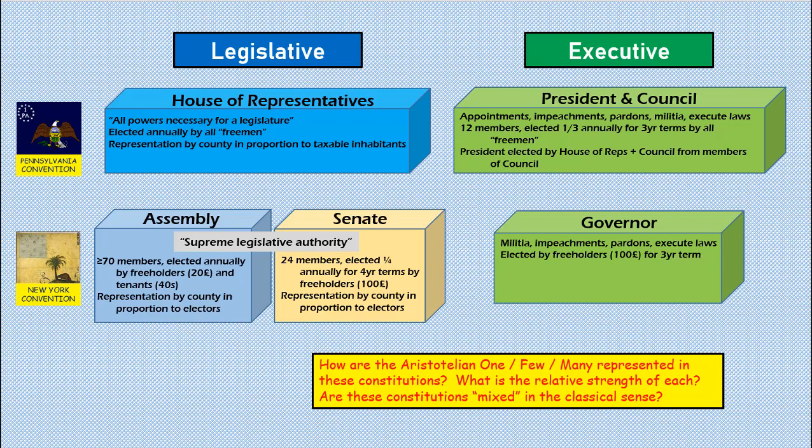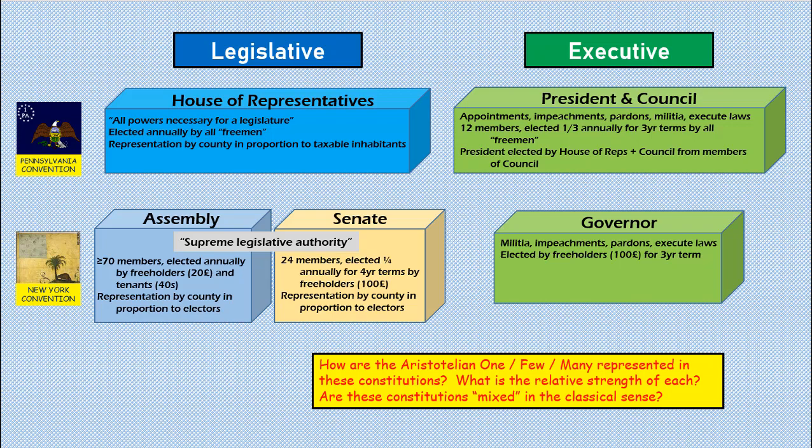And that is a modal difference between these two constitutions. No other state is able to go as far as Pennsylvania in entirely eliminating the idea of the few. That will be the central subject of John Adams's essay, whether we need to have an institution to house the few, the elite. And Adams is going to very much think, yes, that is necessary.